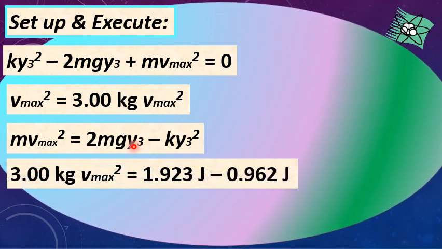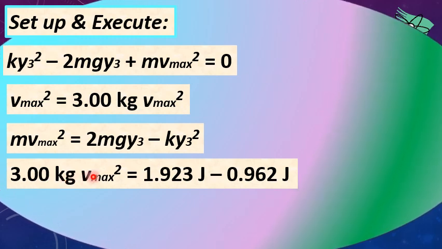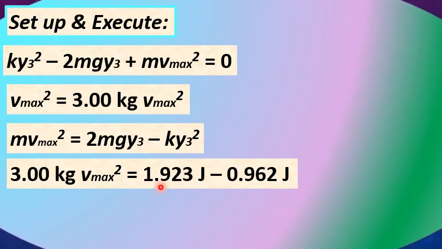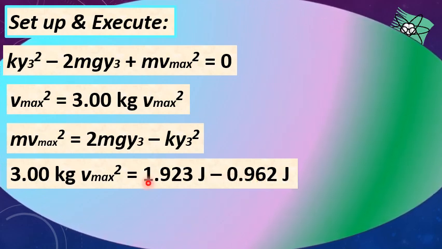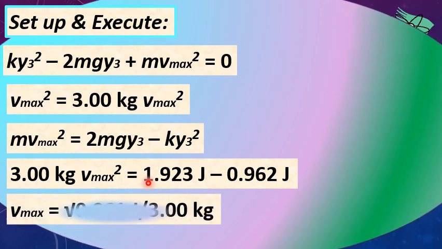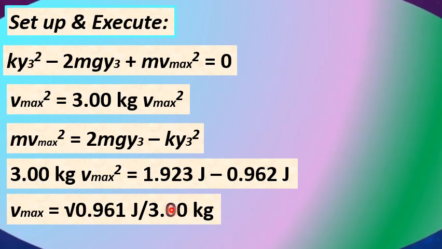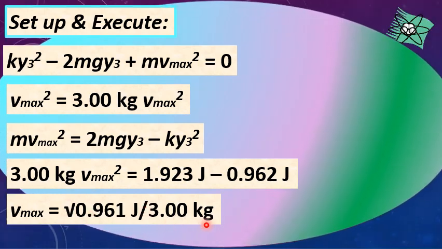And substituting, where m v max squared is equal to 3.00 kilograms times v max squared, equal to 2 mg y sub 3 earlier obtained as 1.923 joules minus k y sub 3 squared, also determined earlier equal to 0.962 joules. Simplifying, we isolate v max squared and then get the square root of both sides of the equation. v max becomes equal to the square root of 0.961 joules divided by 3.00 kilograms.